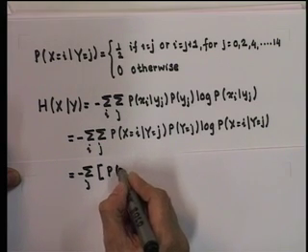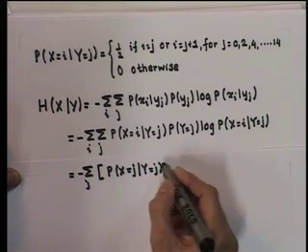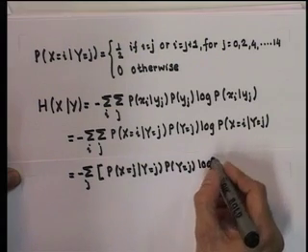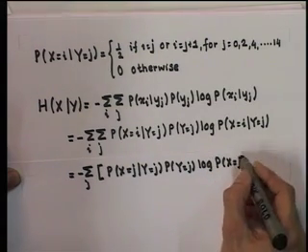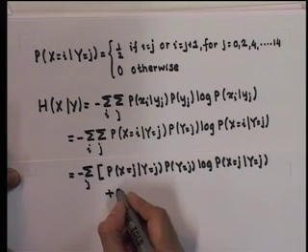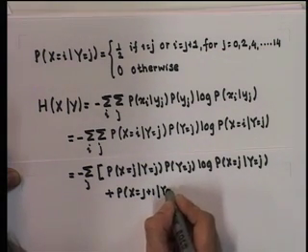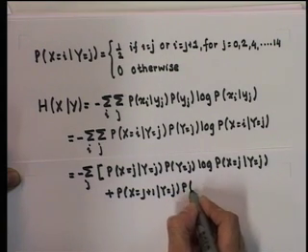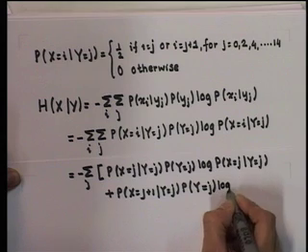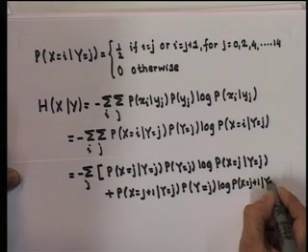Which is the probability of x equal to j given y equal to j, times probability of y equal to j, log of probability of x equal to j given y equal to j, plus another term, which is probability of x equal to j plus 1 given y equal to j, multiplied by probability of y equal to j, log of probability of x equal to j plus 1 given y equal to j.